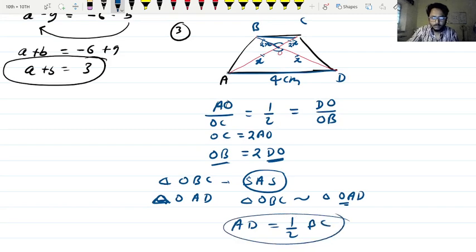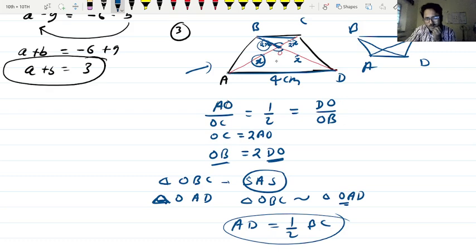I think I have drawn this diagram inversely. We have to draw this diagram in this way: A, B, C, D. Because x is lower than 2x, but in the diagram OB is lesser than OA or OD, while OD should be larger than OB.